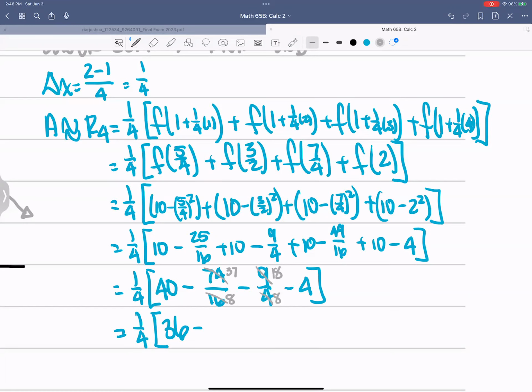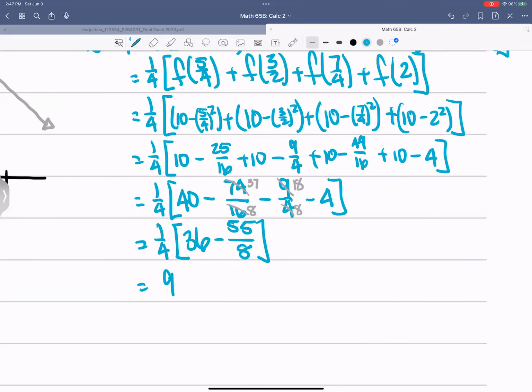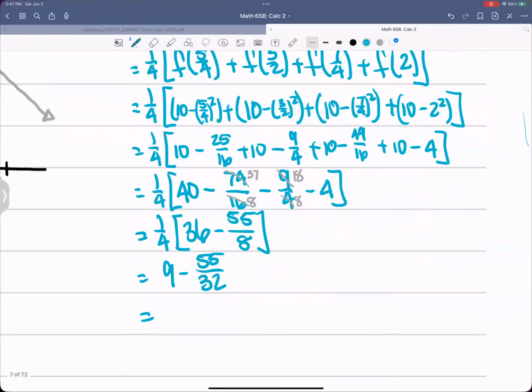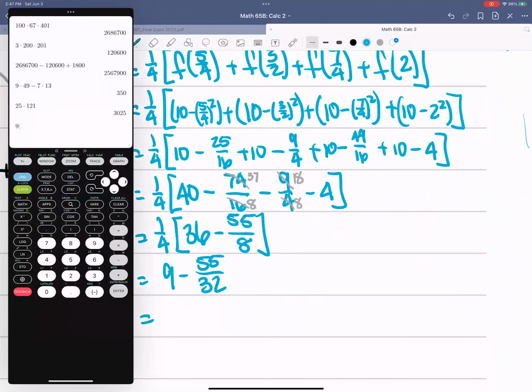So 37 over 18, that's 55 over 8. Nine minus 55 over 32. And let's see what that is.